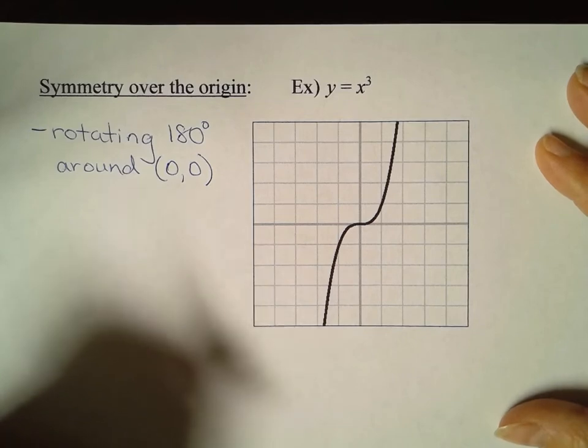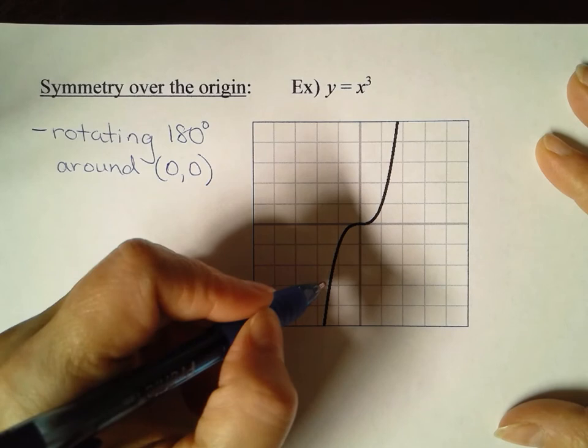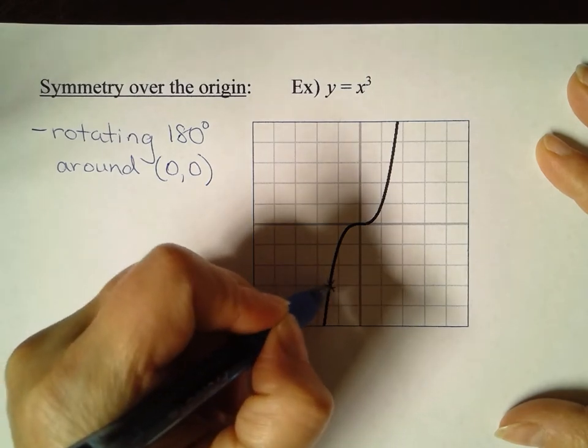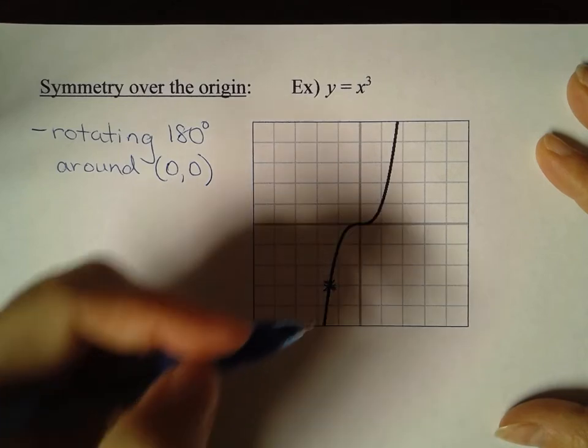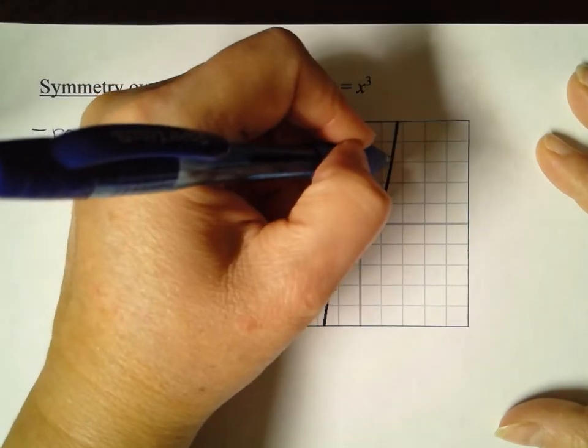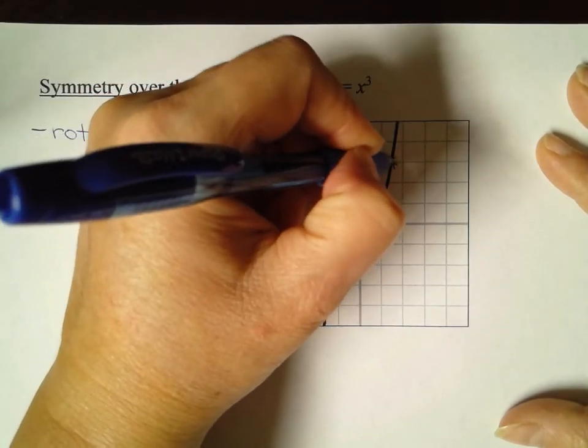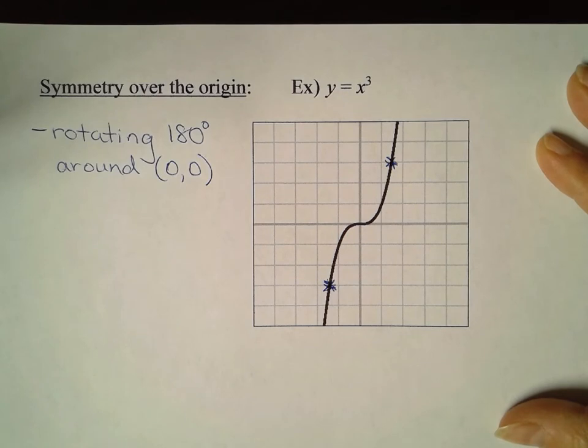This also has some mirrored points, but they're kind of organized a little bit differently. We have a point here on the left that would have a negative x value and a negative y value, and it would be a mirror of a point on the right-hand side that had a positive x value and a positive y value.